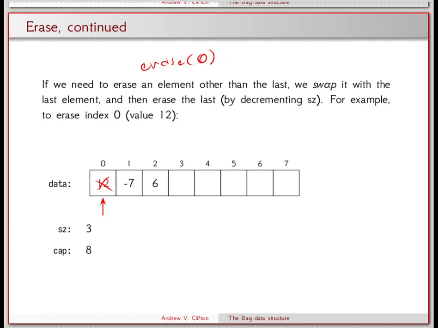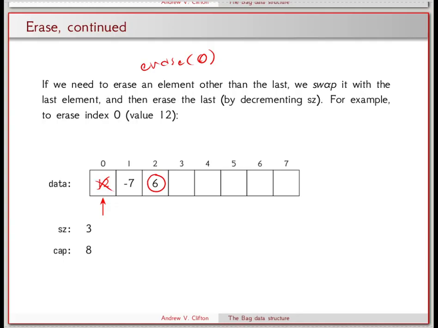What we're going to do is swap that 12 with the thing at the end, with the 6. So we'll turn the more difficult case of erasing something in the middle or at the beginning into the easy case. And again, I'm allowed to do that because we allowed for the possibility that erase might shuffle around the other remaining elements.